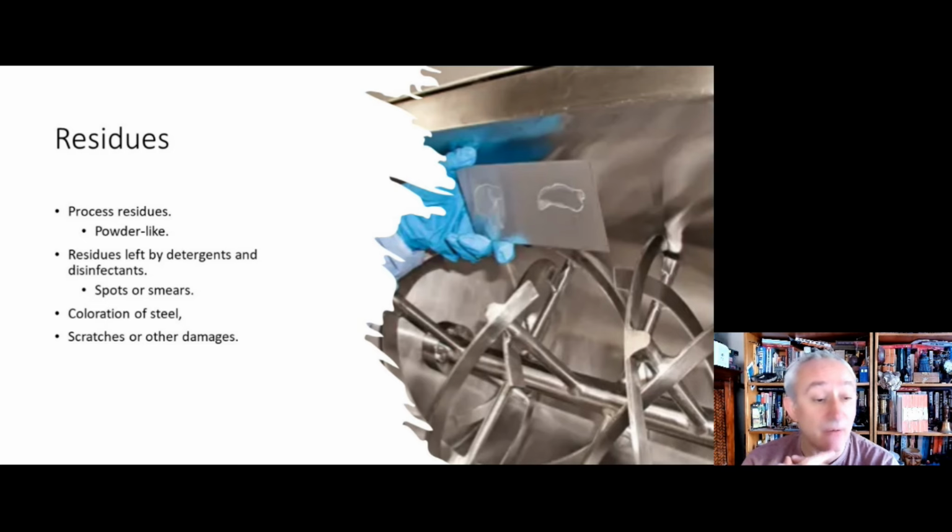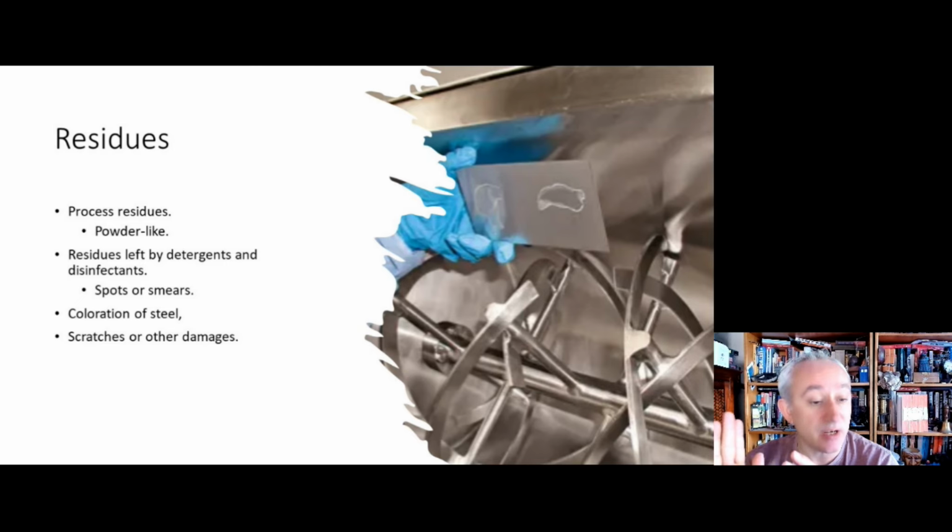We can also have residues left from cleaning agents, detergents or disinfectants, more often detergents, but disinfectants can also leave residues. These appear more as little spots or smears, so we need to have absence of them as well, because they can interfere with the process.